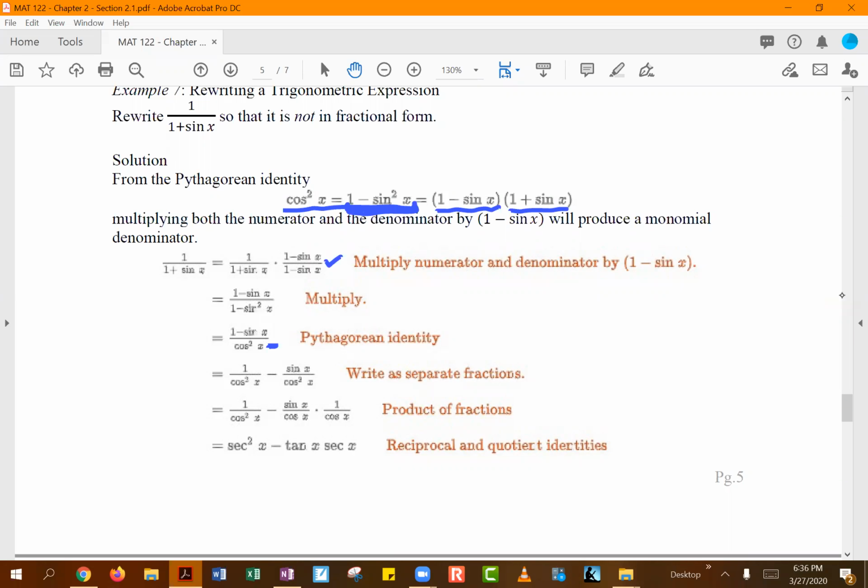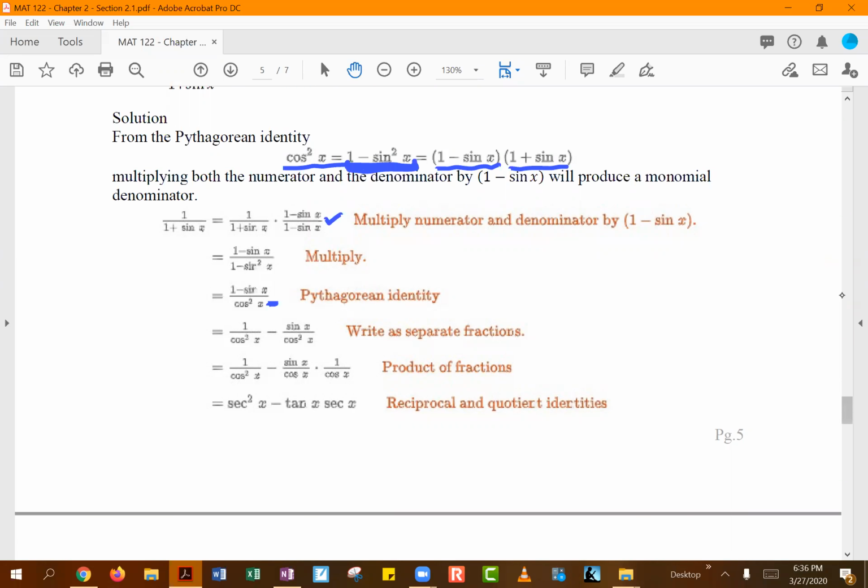And then what we do is we take this cosine square of x and divide it into 1, and take this cosine square of x and divide it into sine of x. So you're actually just separating from step 3 to step 4, where you're separating your numerator, and then each of them will have the denominator of cosine square of x.